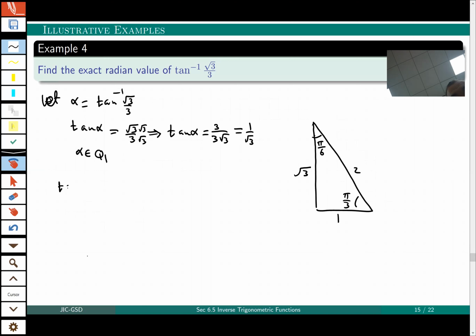We remember tan alpha means opposite over adjacent. Which one has opposite 1, adjacent root 3? You will see it's actually pi over 6. So alpha will be again pi over 6.